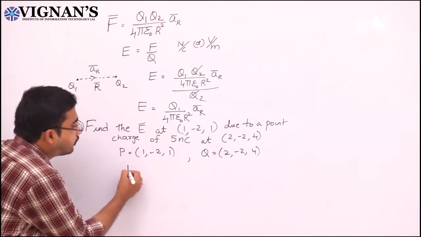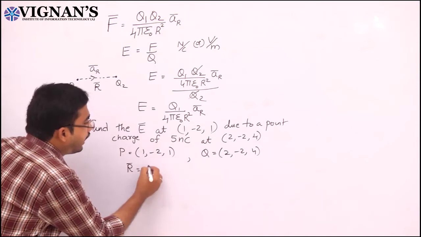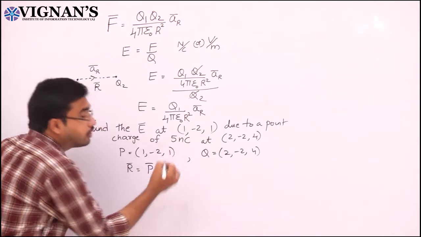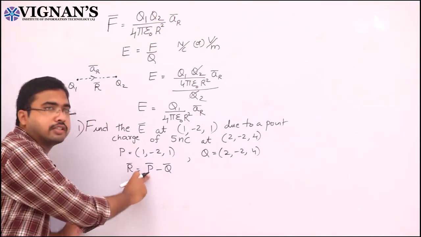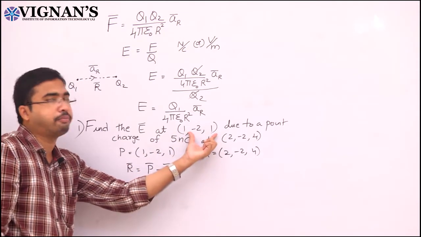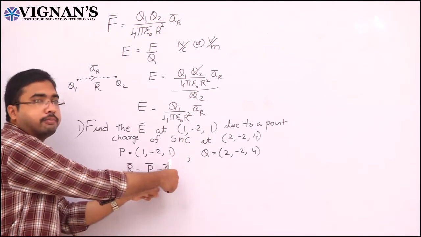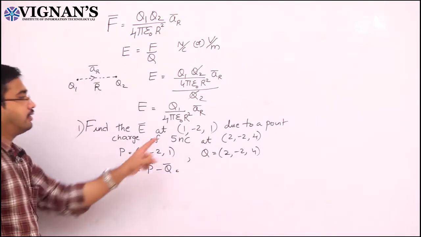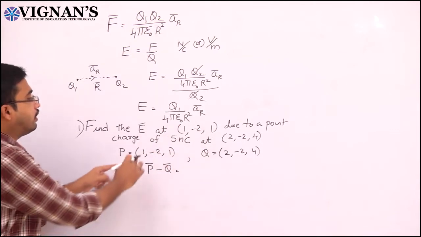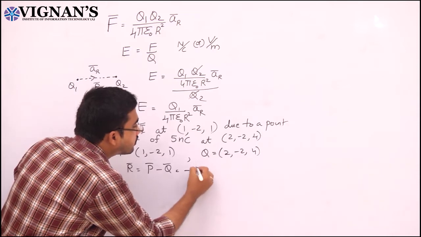So to find the distance vector r bar, I should take P bar minus Q bar. I take P first because I want to find the electric field intensity at point P, so that point should be kept first and the second point next. If I subtract P minus Q, 1 minus 2 is -1, so -1 a_x.